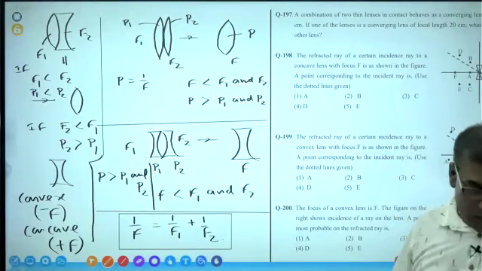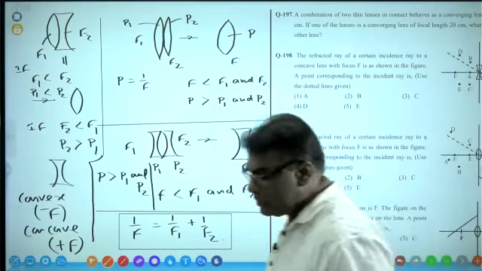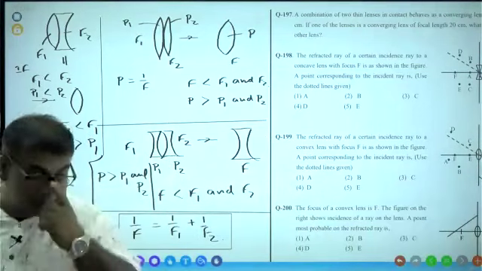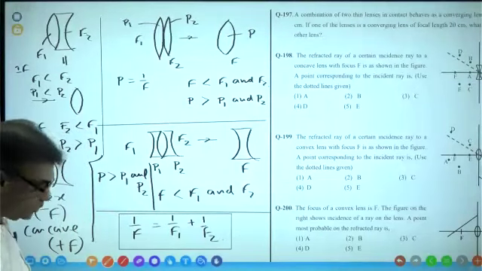Largest power goes with smallest focal length. Okay, clear. This is the lens combination.